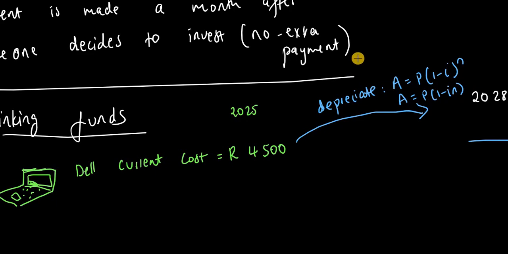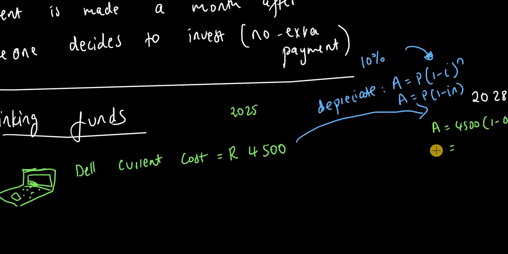Let's just say it depreciates at 10% using compound decay. How much will it be in 2028? In 2028, you say 4,500 into 1 minus 0,1 to the power of 3, because it's 3 years only from 2025 to 2028.